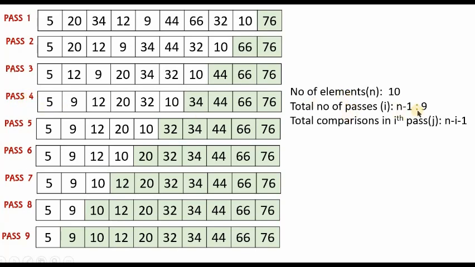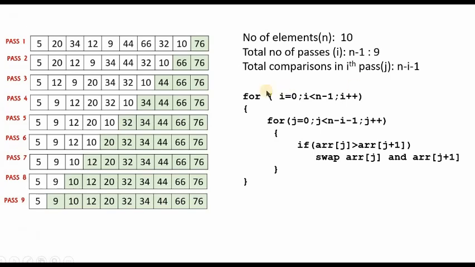The total number of passes will be n minus 1 and the total comparison in each pass will be n minus I minus 1. With this conclusion, we can write our C program. I need to perform n minus 1 passes, hence I write this code inside a for loop which ranges from 0 to n minus 1.